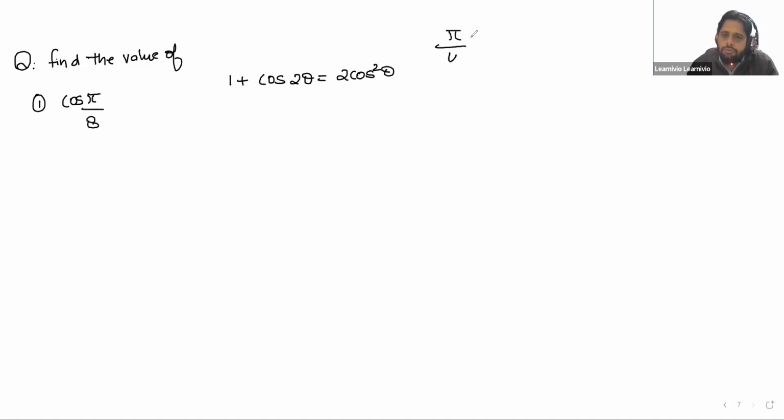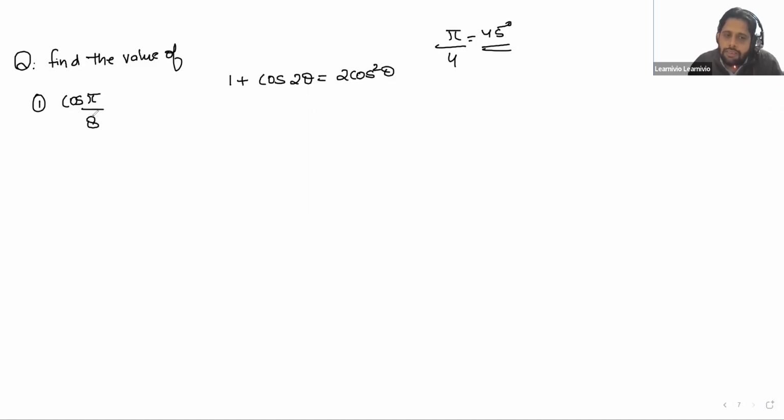This is equal to 45 degrees. And what is the value of cos 45 degrees? One by root 2. So that means we know the value of cos pi by 4.